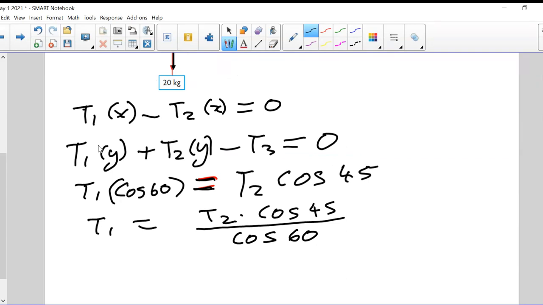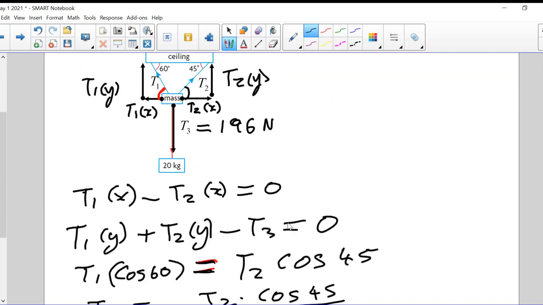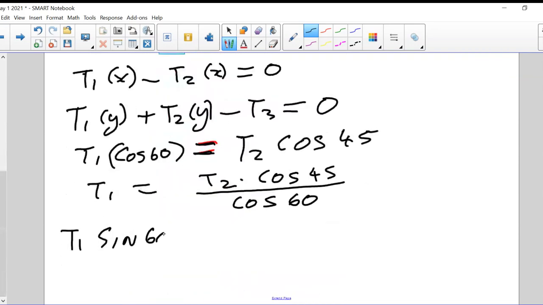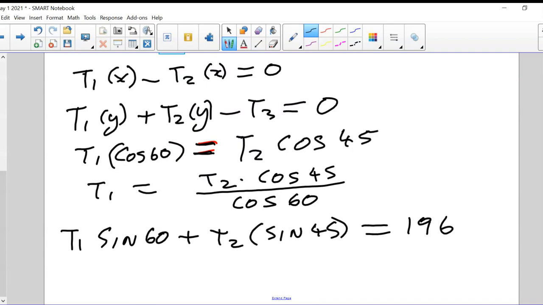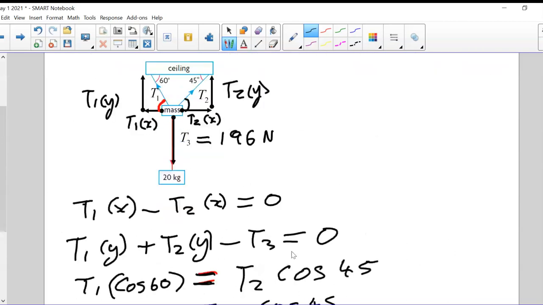Okay, Richard jumped in. All right, that's good. You're going to use sine. So we're going to say that my T1 times the sine of 60 plus my T2 times the sine of 45 is basically equal to 196, right?